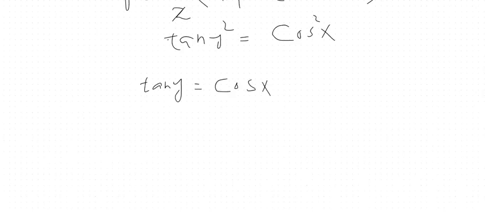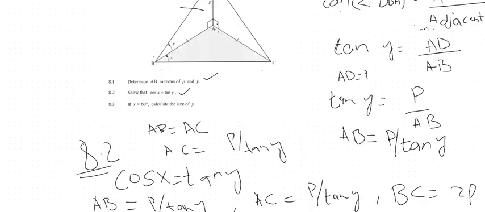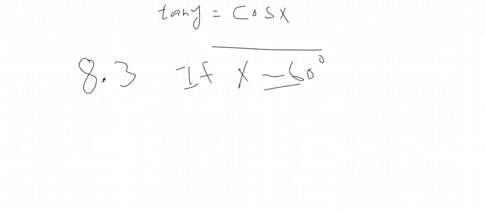All right. So what is next? 8.3 is: if x equals 60 degrees, calculate the size of y. What is the exact value of cos 60?